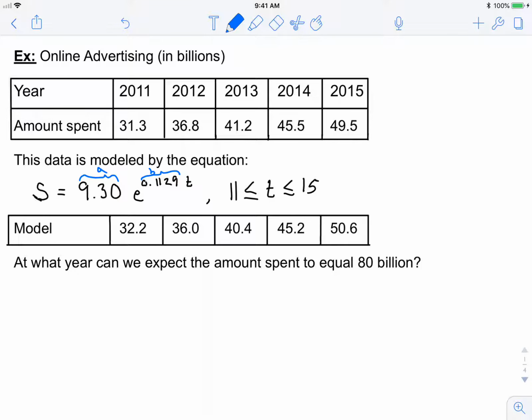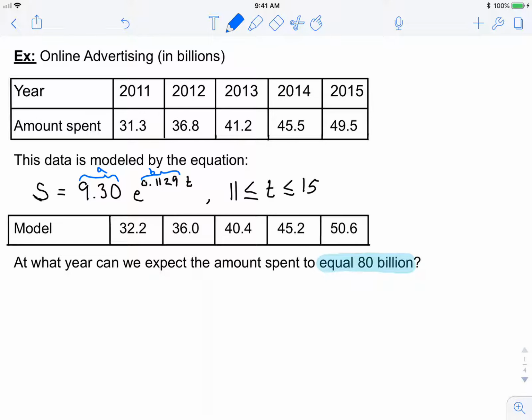Or we can answer the question, at what year can we expect to spend $80 billion? So we can look into the future and get an approximate year we expect to spend $80 billion in online advertising. So let's set this up in our function.